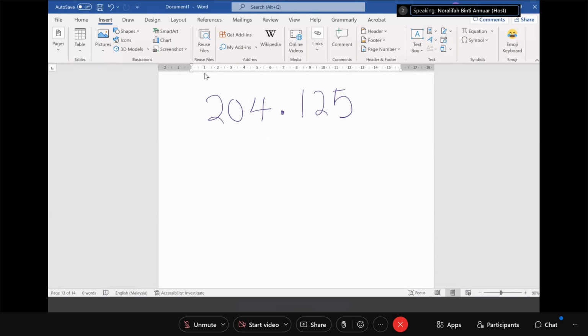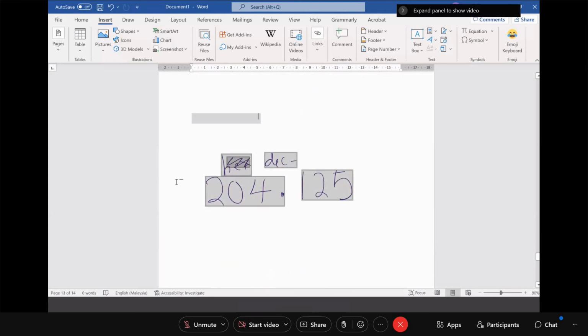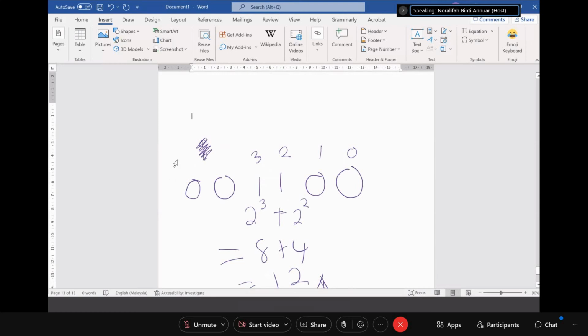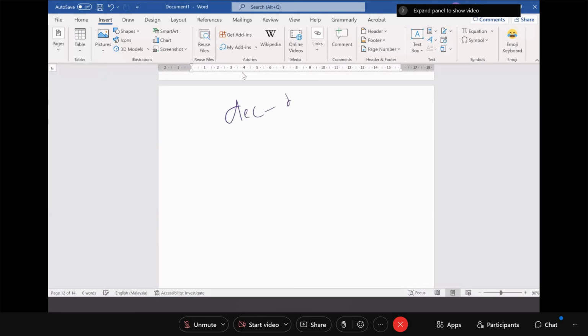Okay, now we wanted to convert decimal to hexa.